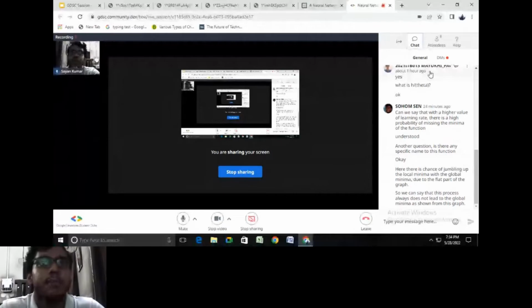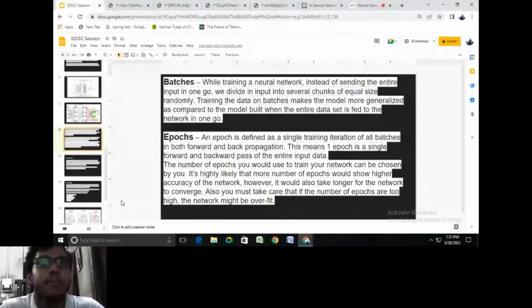An epoch is defined as a single training iteration of all the batches in both forward and back propagation. This means that one epoch is a single forward and backward pass of the entire input data. So in one epoch, we actually train the model on the entire training data set we have.